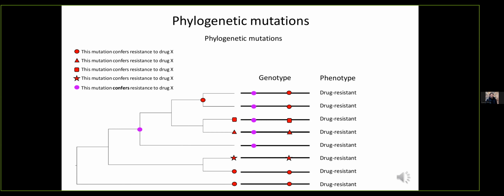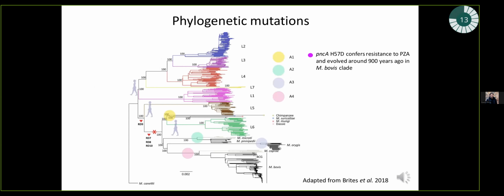Maybe you think that this is a strange example, but actually we have a very good example in the Mycobacterium tuberculosis complex, which is Mycobacterium bovis. Some of you might have heard that Mycobacterium bovis is intrinsically resistant to pyrazinamide. The reason is that there is one clade of Mycobacterium bovis that around 900 years ago acquired a mutation that confers pyrazinamide resistance.